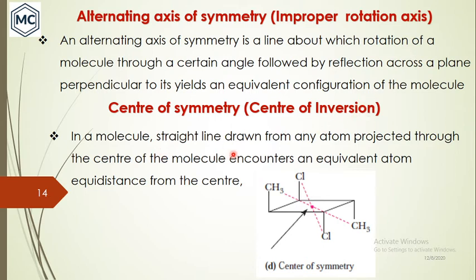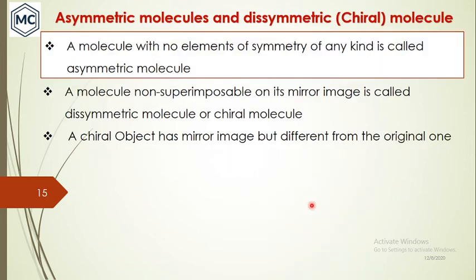In a molecule, a straight line drawn from any atom through the center of the molecule encounters an equivalent atom at equal distance. In this example, the CH3 here and the CH3 here are equidistant, and the chlorines are also equidistant. So this has a center of symmetry, or center of inversion.